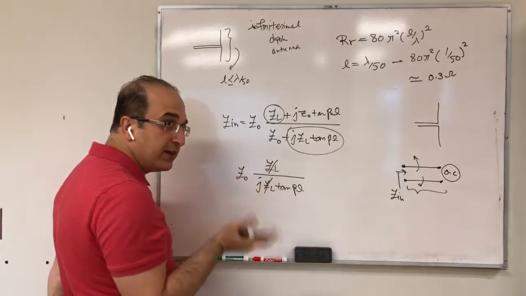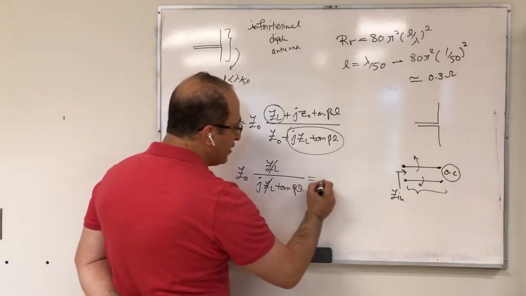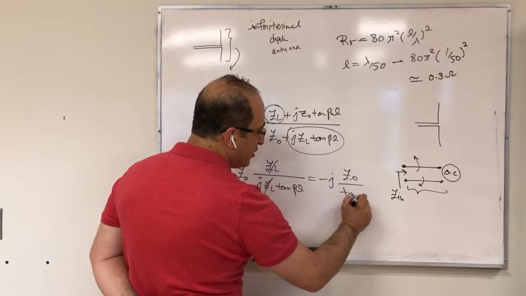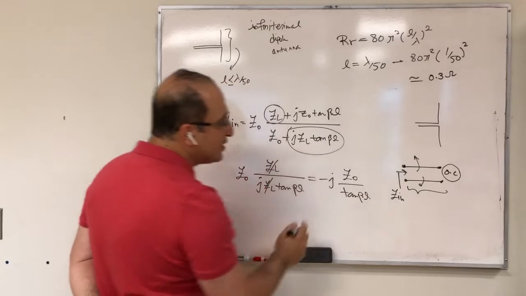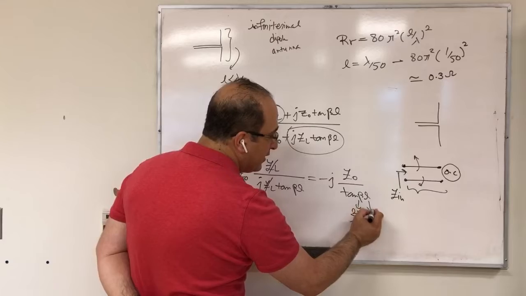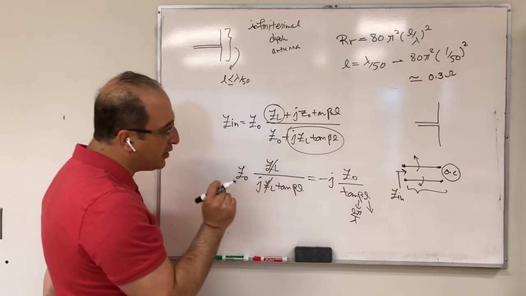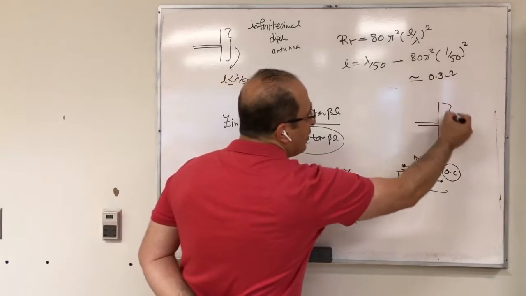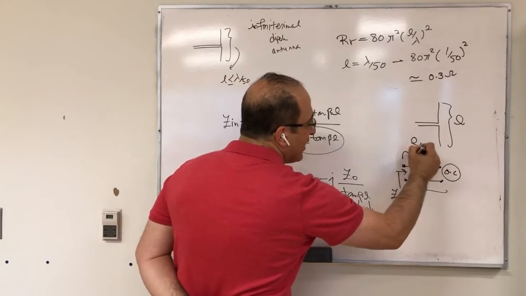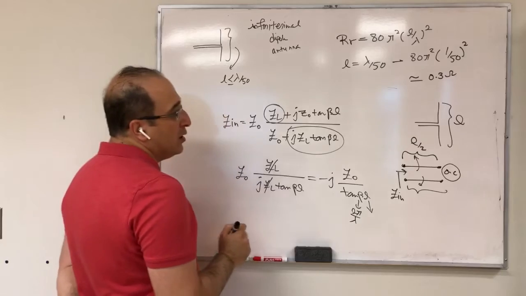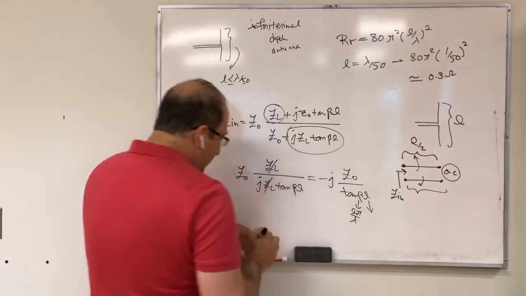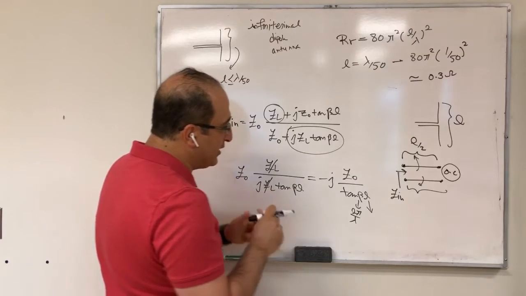So Z_L cancels and I get this. You remember 1 divided by j is negative j, so it becomes negative j Z naught divided by tangent beta L. Now, if L is tiny, remember beta is 2 pi divided by lambda, and L is the length. Just a side note: I called the whole thing L. So if I call the whole thing L, this is in fact L divided by 2. If I want to be accurate, I need to have L divided by 2 here.